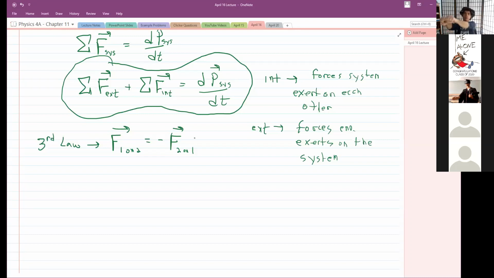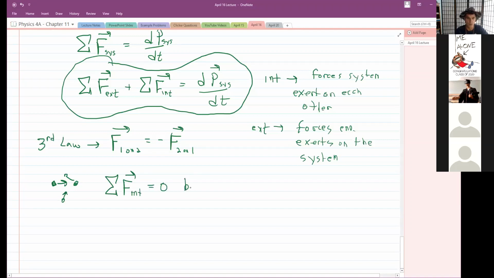If one object exerts a force on the second object, the second object exerts the exact same force, but in the exact opposite direction. So when I look at all of these forces that particles might be exerting on each other, if I add up all the internal forces, it always has to be 0 by Newton's third law. So the sum of the internal forces on a system is always 0 by Newton's third law.